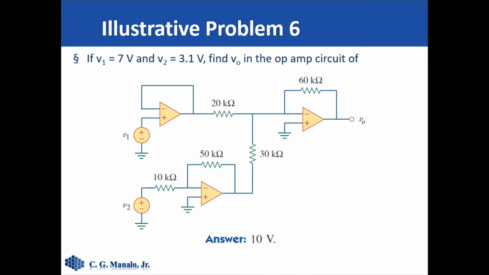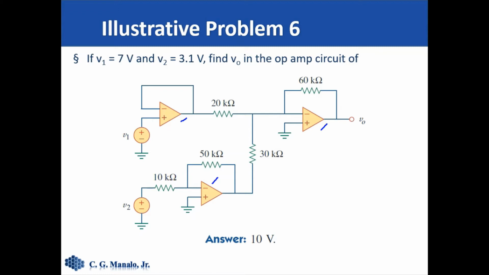So here we have three op-amps, two of which have their outputs fed to the inverting terminal of a third op-amp, which is obviously the final op-amp in the process.